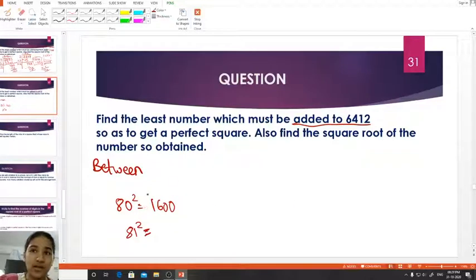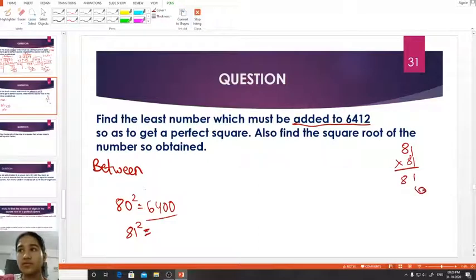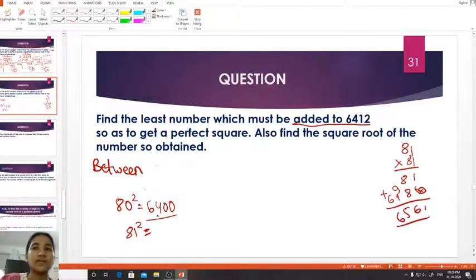I'm asking about the square number, so it's 6400. Okay, so it's somewhat nearing to it. And what's 81 square? Shall we check it? We can multiply and check also. Six five six one.